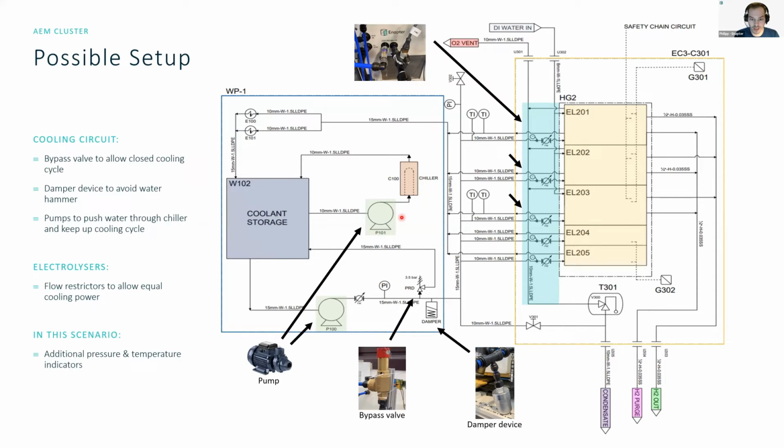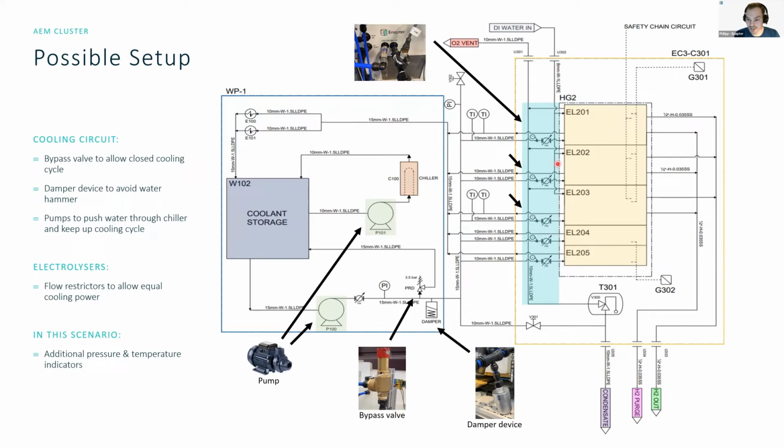Then you have one pipe which is connected to your chiller to cool down the cooling agent. Then you have an additional pump, which is pushing in the water or whatever cooling agent you're using and provides that cooling agent to the electrolyzers, which are here on the right side.